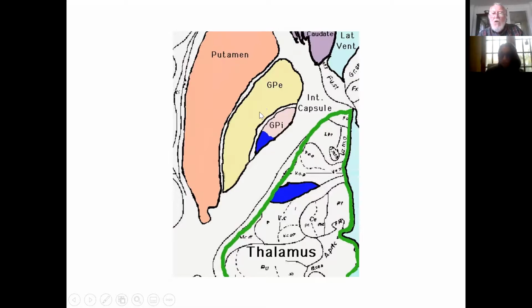A sixth term is paleostriatum, because it separates the globus pallidus from putamen and caudate. And then finally, we have a seventh term, which is called the lenticular nuclei.